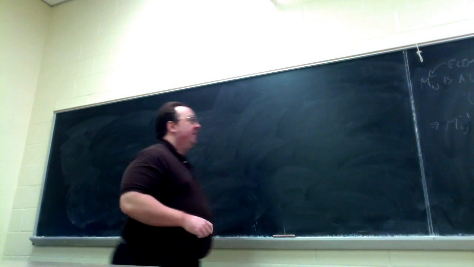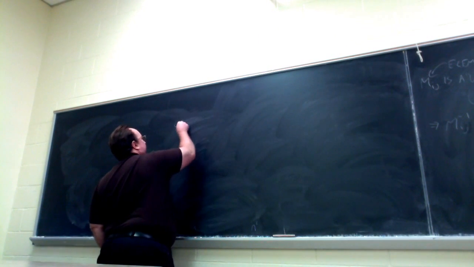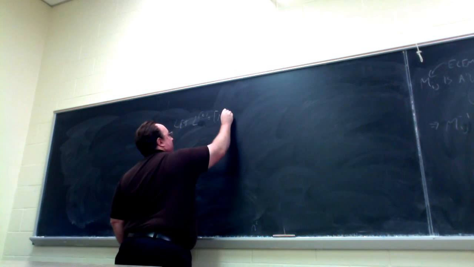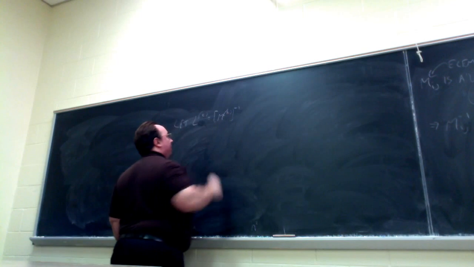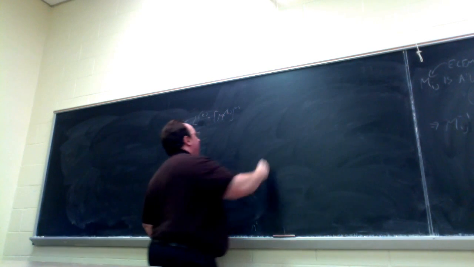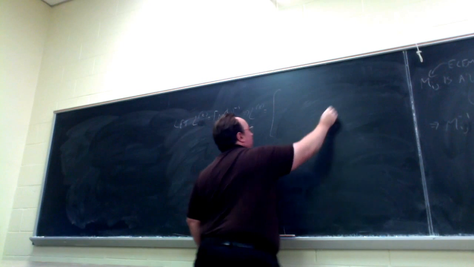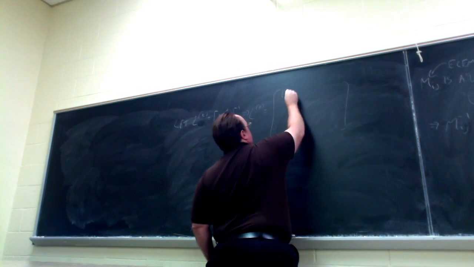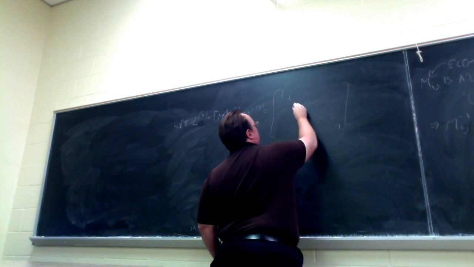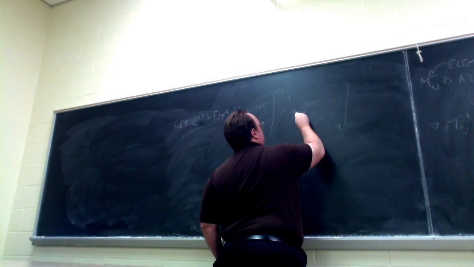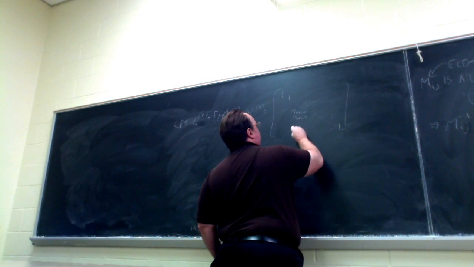So if I define LK to be MK inverse, then LK has 1's on the diagonal, and then plus M(K+1,K), M(K+2,K), all the way down to M(N,K).